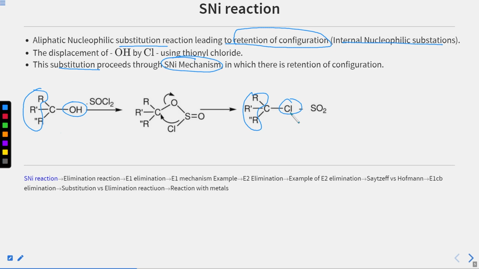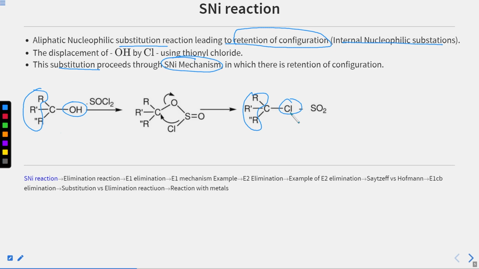The configuration label can change: if something substituted has a different priority, then we may not get the same descriptor.